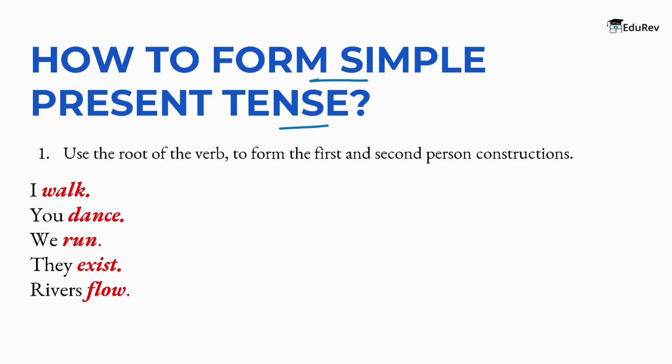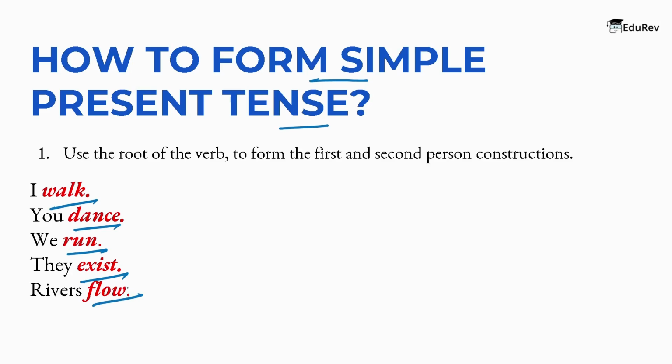The first general rule is to simply use the root of the verb, which is the form of a verb you will find if you look one up in our incredible dictionary, to form the first and second person constructions. For example, I walk, you dance, we run, they exist, and river flow.